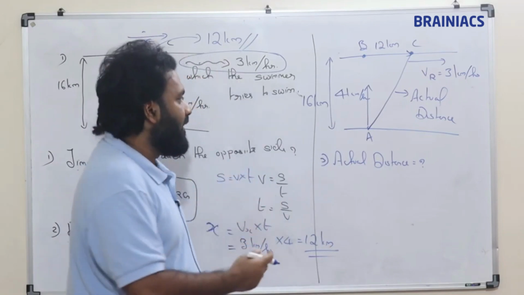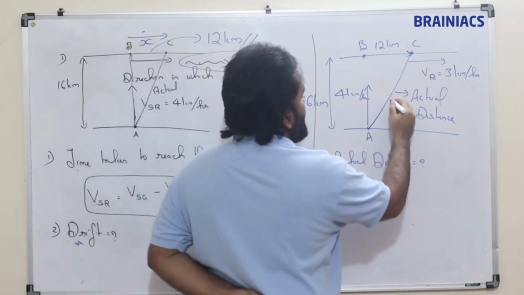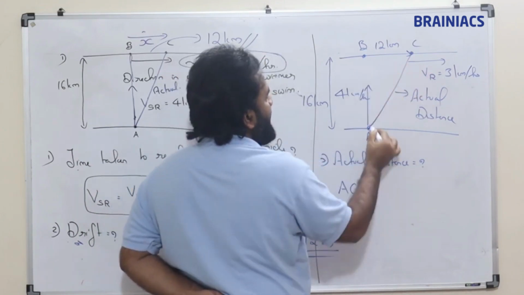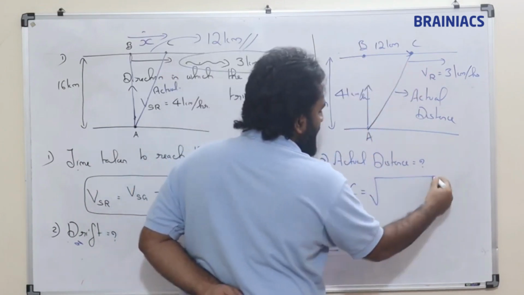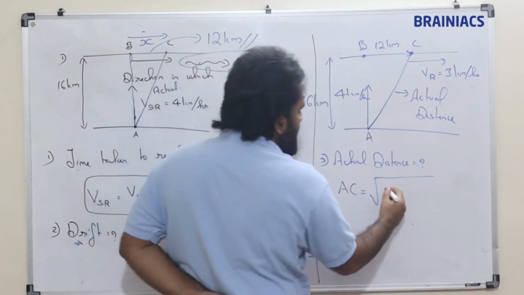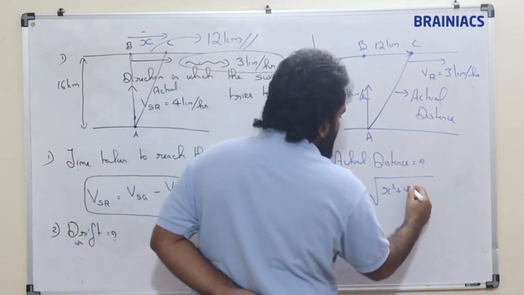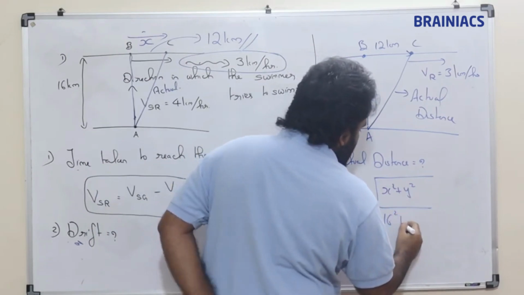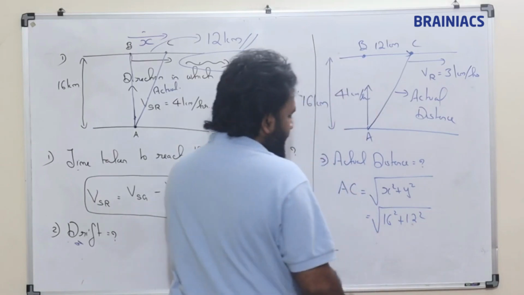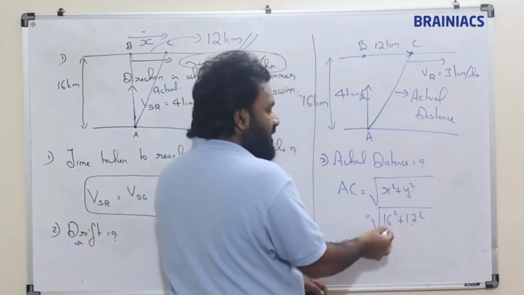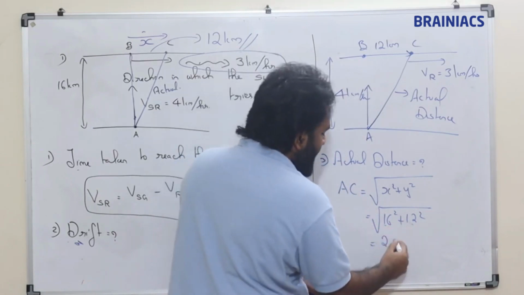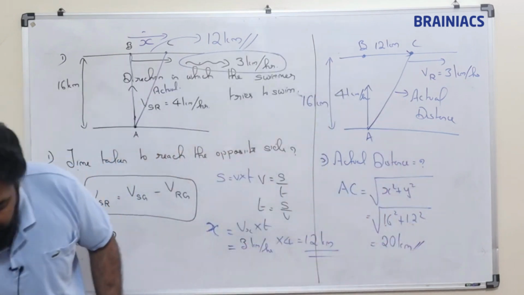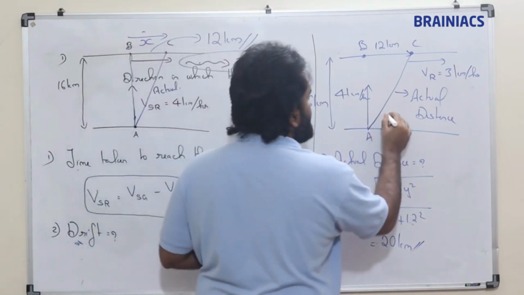Actual distance, suppose AC. See, this is a vector, this is a vector. So root of x square plus y square. So this is equal to root of 16 square plus 12 square. So 256 plus 144 is 400, we will be getting 20 kilometers. So he will actually be swimming 20 kilometers.